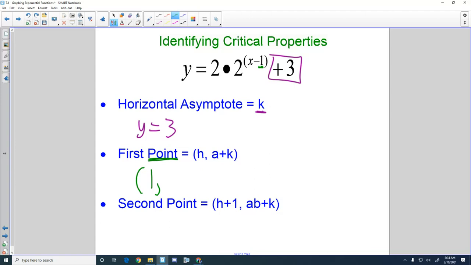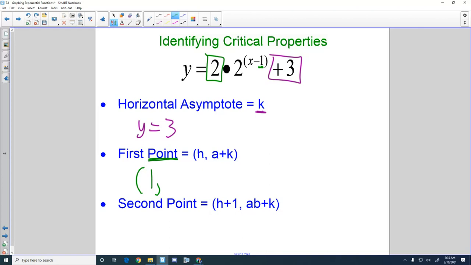And then that first point is normally 1 unit above, unless there is an a, which is a vertical stretch. So normally that first point is just 1 unit above that horizontal asymptote. Remember (0, 1), there's always that intercept at 1. But if it's been multiplied by some number, it's going to be 2 times 1, twice that big.